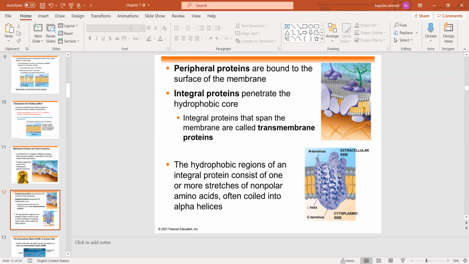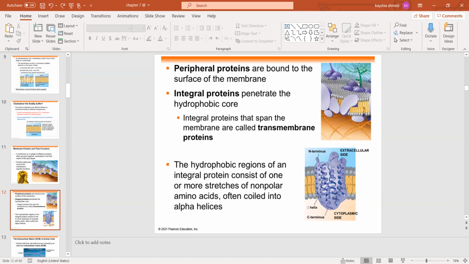The hydrophilic parts of the molecule are exposed to the aqueous solution on either side of the membrane. Some proteins also have one or more hydrophilic channels for passage through the membrane of hydrophilic substances.